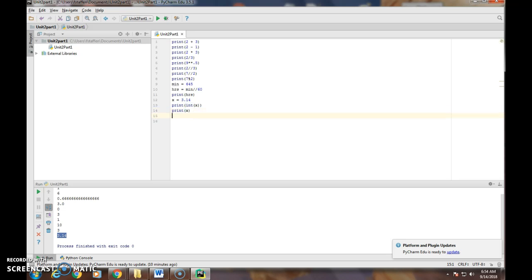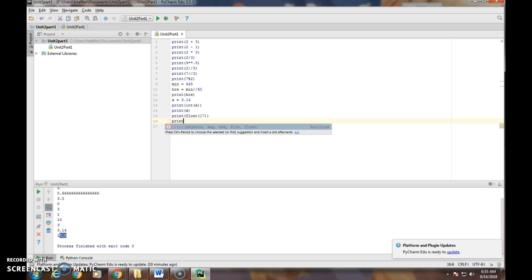We could do this with floats as well. So if I did something like print float 17, instead of being 17, it should become 17.0, and it does. It changes this to a decimal. Okay, so we could do that as well. We could convert numbers into strings.